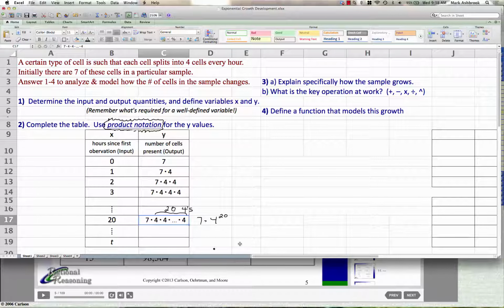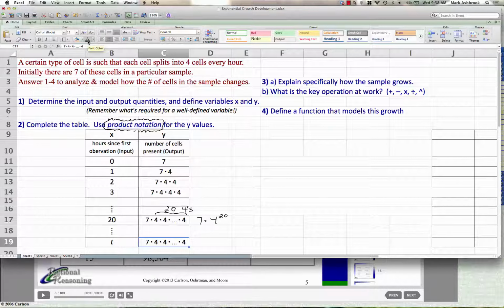Okay? After T hours. Michaela, after T hours, how would you say the product notation? 7 times 4, T times.